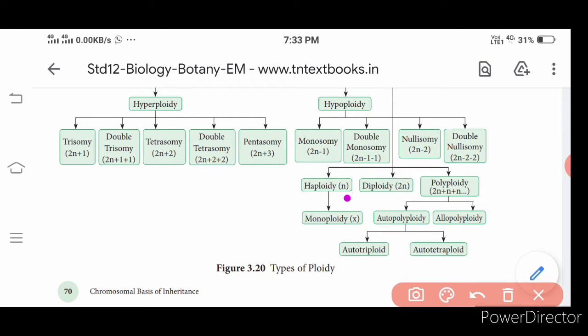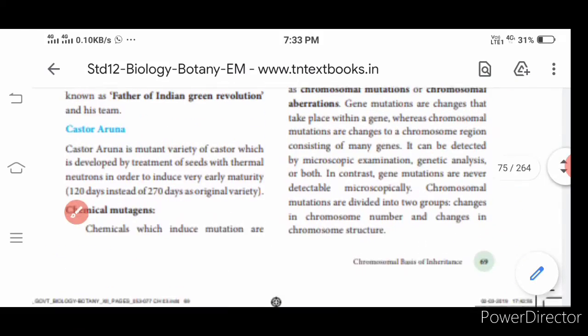Haploidy, 1n, usually found in the gamete condition. Diploidy, 2n. Polyploidy, 2n plus n plus n. Polyploidy can be autopolyploidy and allopolyploidy. Autopolyploidy can be autotriploid or autotetraploid. These conditions we will learn in detail now.